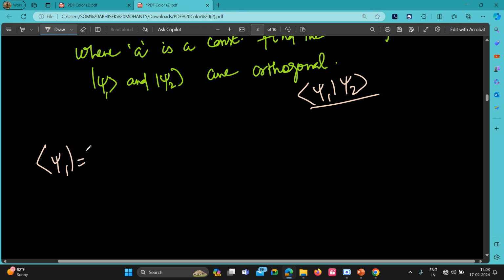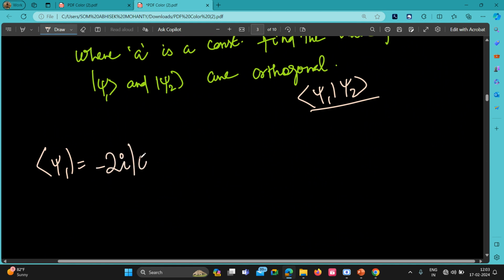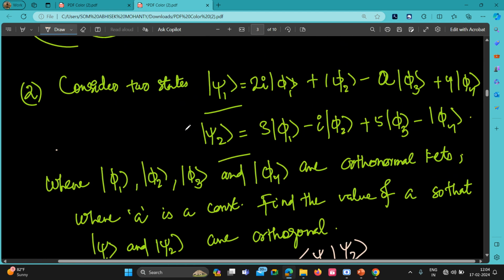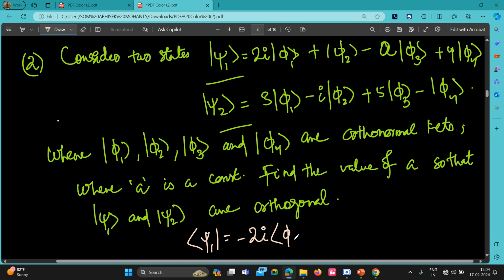So bra psi 1 is equal to, just take the complex conjugate of everything, minus 2i phi 1 plus phi 2 minus a phi 3 plus 4 phi 4, because these are real numbers, so we will not take the minus here.